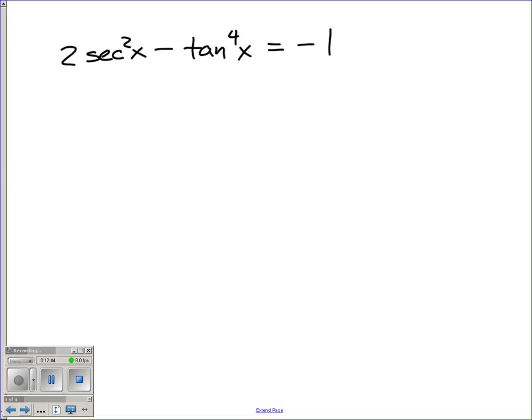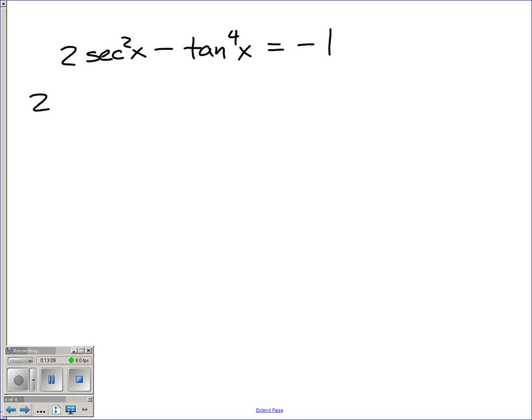And again, let's take a look at what we can do to change it into something that's a little bit nicer. Well, again, I don't want to be working with a secant and a tangent at the same time. That's like having 2 different variables. But again, from one of our original 3 Pythagorean trig identities, there's something that relates secant squared with tangent squared.